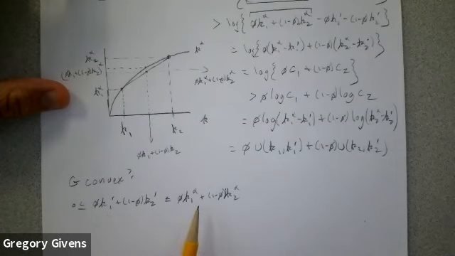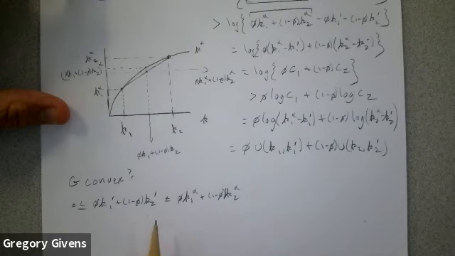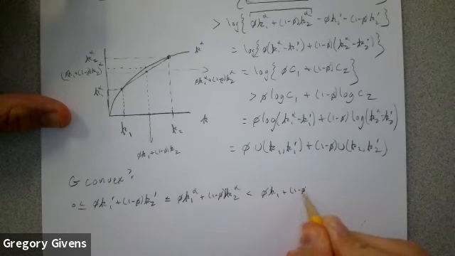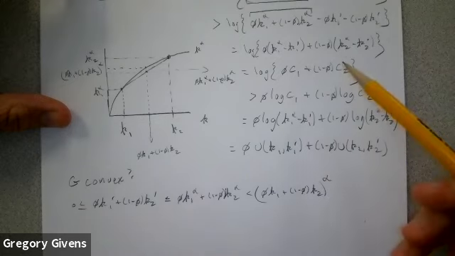That's the highest value it can take on in this constraint set G. So the sum of these two things must be bounded above by phi K1 to the alpha plus 1 minus phi K2 to the alpha. Now we know that this is going to be strictly less than the following: phi K1 plus 1 minus phi K2, the whole thing to the alpha. And why do we know that? Because K to the alpha is a concave function. We just used that in our demonstration above.